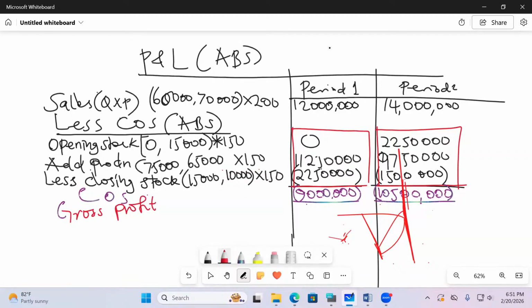Gross profit is 12 million minus 9 million, 3 million. And then in this case here 14 million minus 10.5 million, 3.5 million.